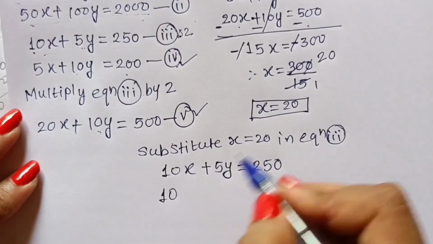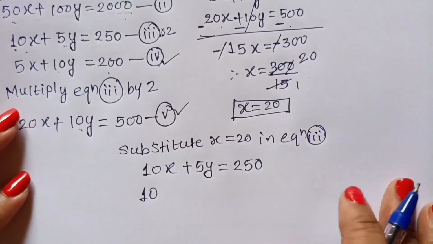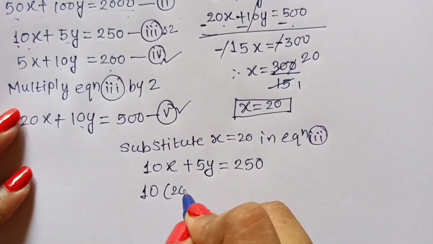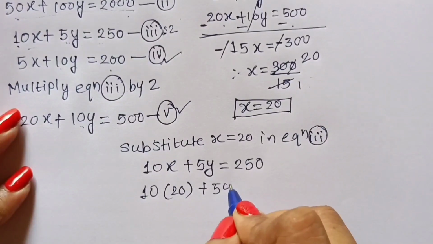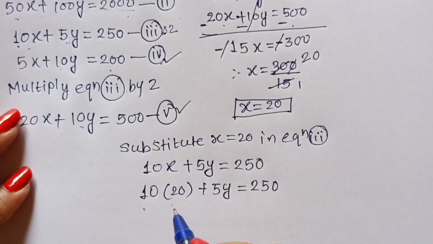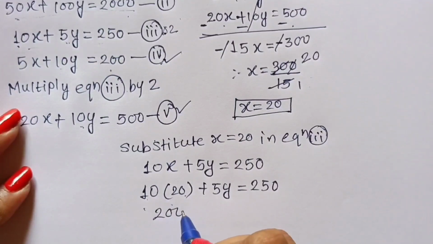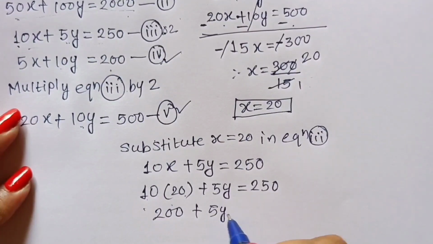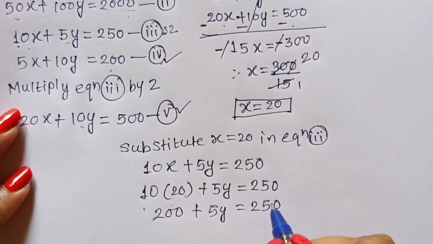So 10 into x, x is 20, the x value we have just got, plus 5y is 250. 10 into 20 is 200, plus 5y is equal to 250.